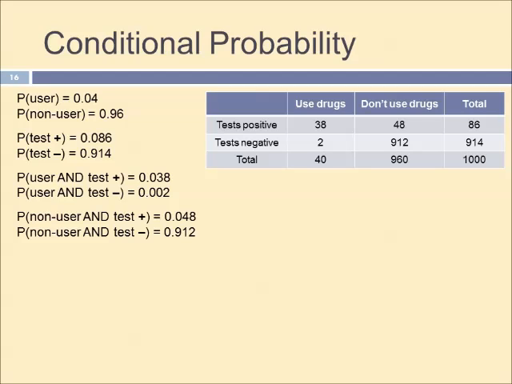So we have all of these numbers. What we're going to do here is actually develop a general rule for probability that includes conditional probability. So, for example, the probability that someone is a non-user given that they test positive is 48 out of 86, or 0.56.